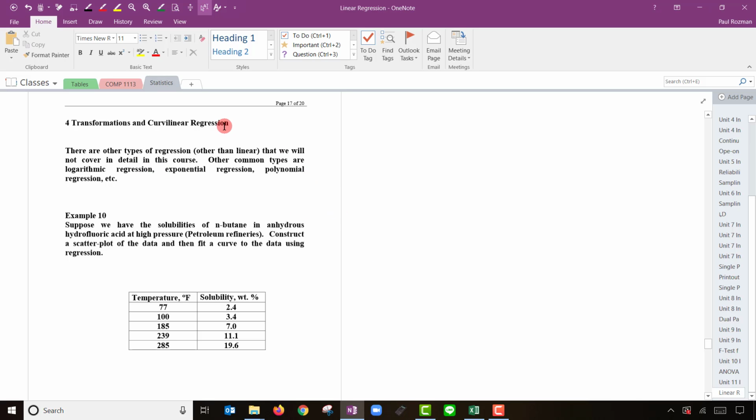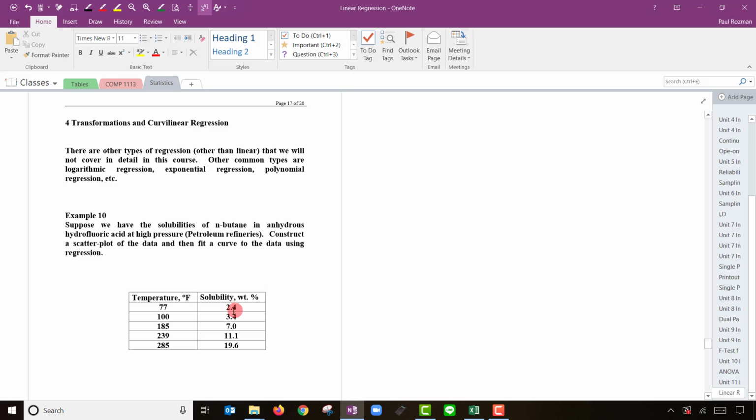What happens when you don't have a line? So here's a little example of some data that turns out to not be linear. I have the temperature. What is the data set? Suppose we have solubility of N-butane at some high pressure, at a petroleum refinery.